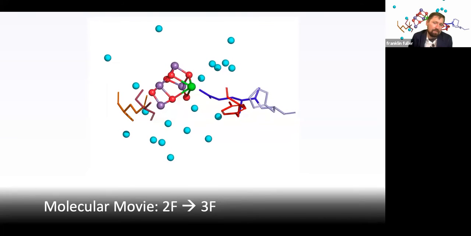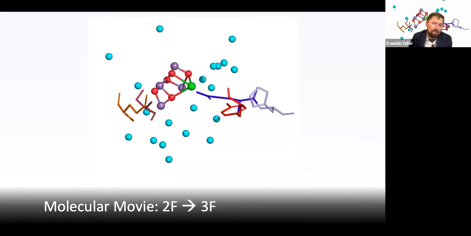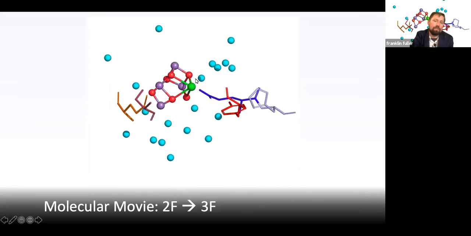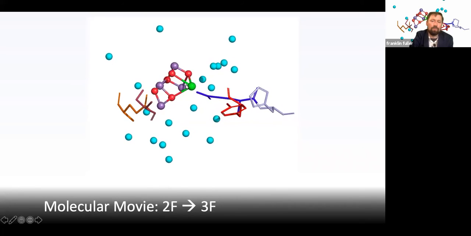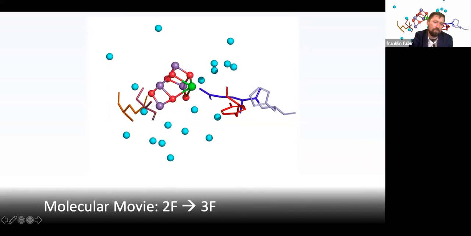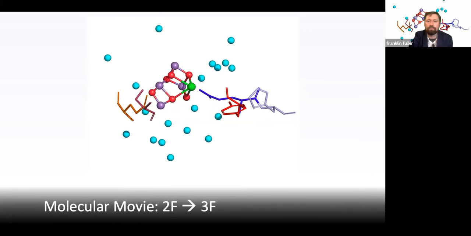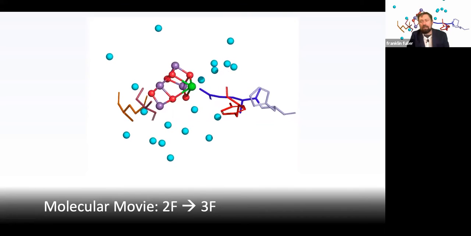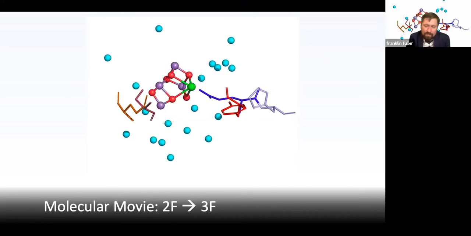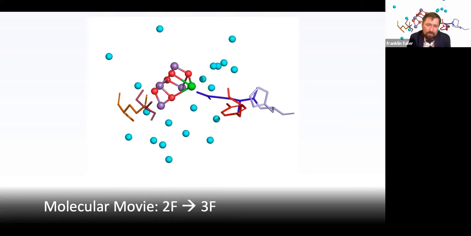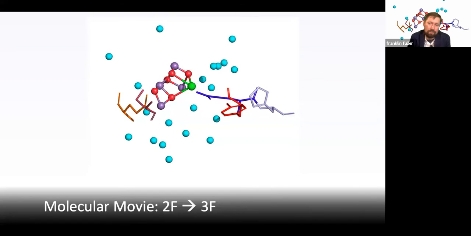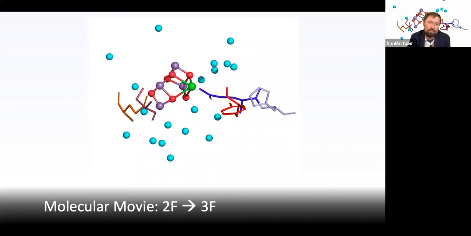You also see that the OEC is wiggling around a little bit, but not too much, and it maybe elongates along this axis from the purple manganese atom in the back to the purple manganese atom in the foreground here. But it doesn't radically change shape. And that's significant because prior to measurements like this, people were simulating what was happening and using less direct measurements to try to see how this reaction would take place.